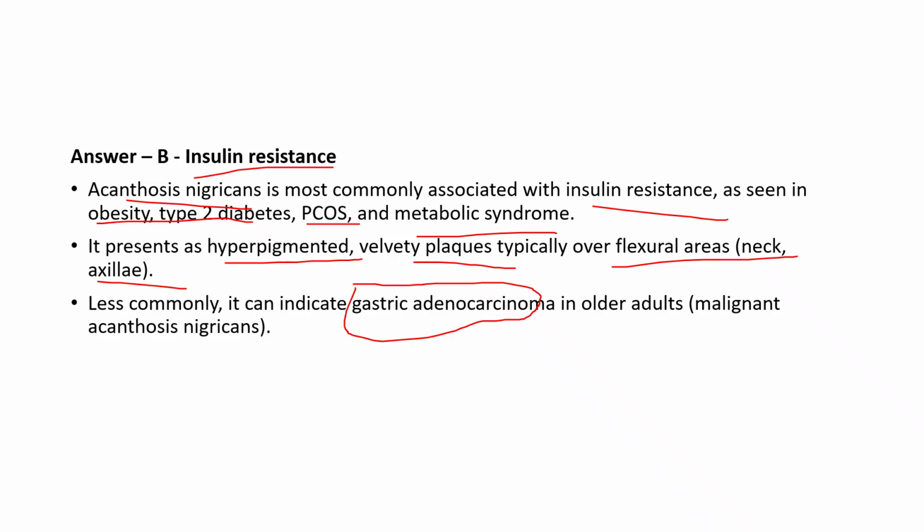In older adults, you may have to think about gastric adenocarcinoma. If your main diagnoses like diabetes are ruled out and they are not obese, you may also have to screen for gastric adenocarcinoma. That is called malignant acanthosis nigricans.